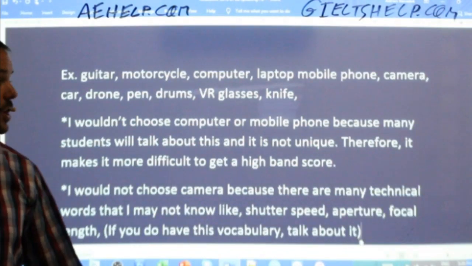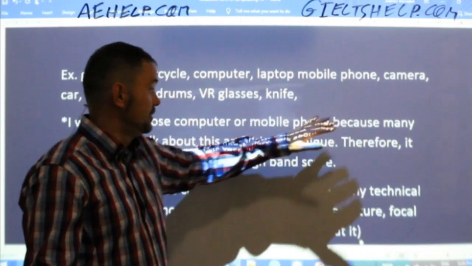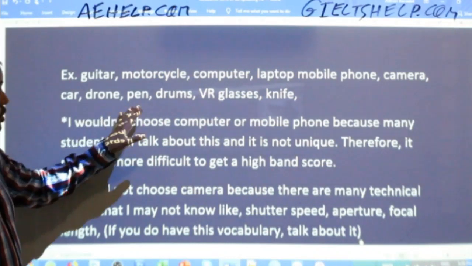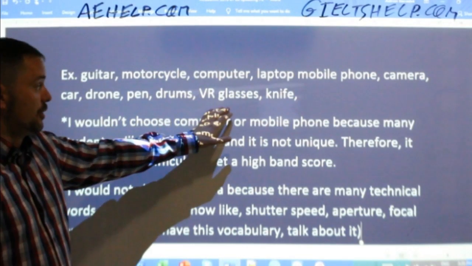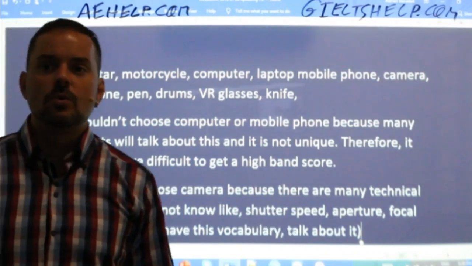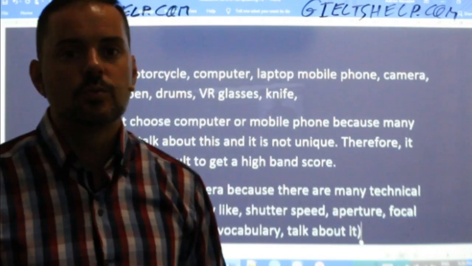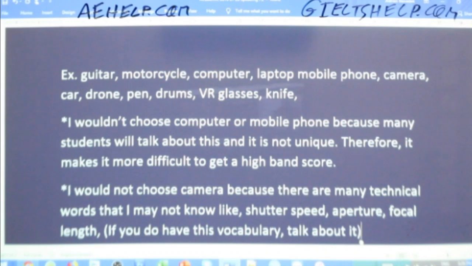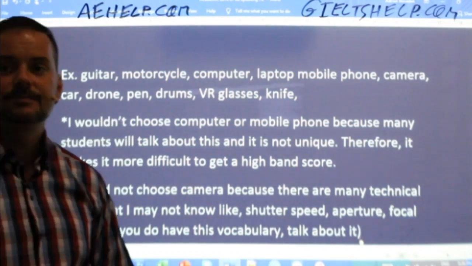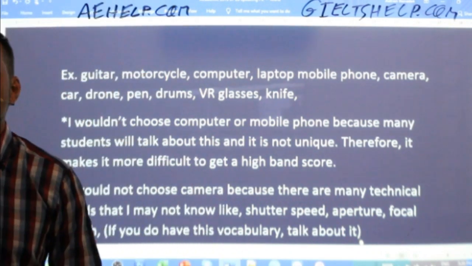So, which of these objects, guitar, motorcycle, computer, laptop, phone, camera, car, drone, pen, drums, virtual reality glasses, knife, which one do you think is the easiest one to talk about that needs training to use? So Kashif says maybe a motorcycle.